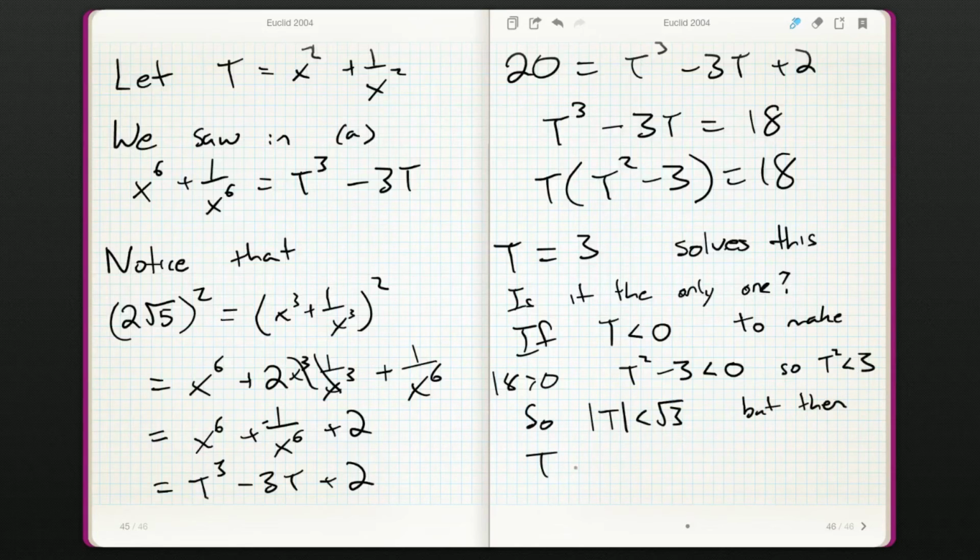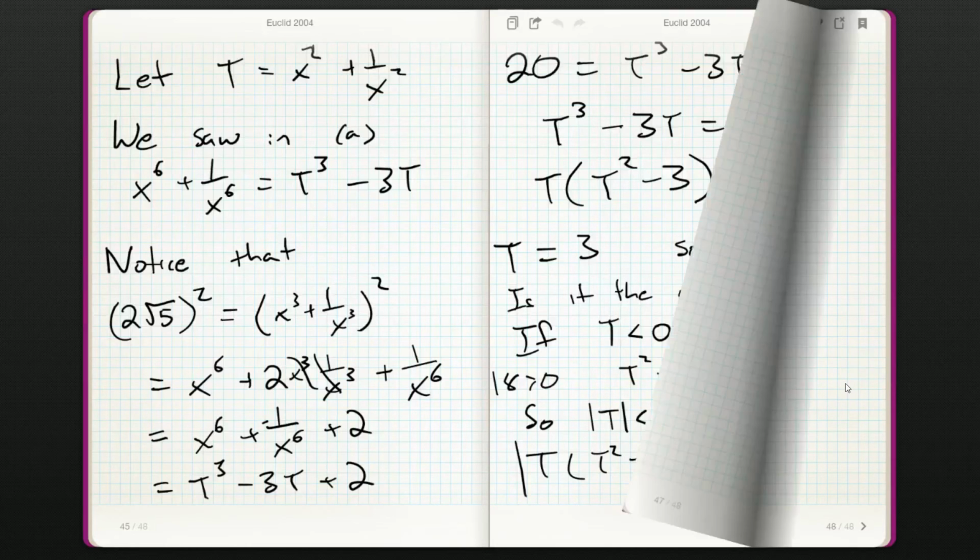But then t squared minus 3 in absolute value would be less than 3 root 3, which is far less than 18. So we can't have negative solutions.